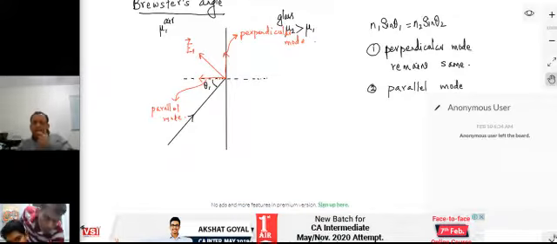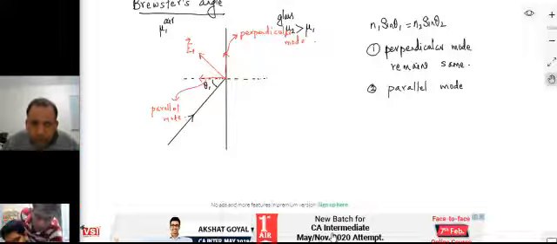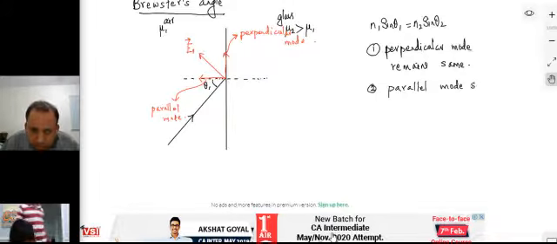The parallel mode satisfies something like Snell's law. So you have N1 times E parallel squared, let's say, in the first medium.